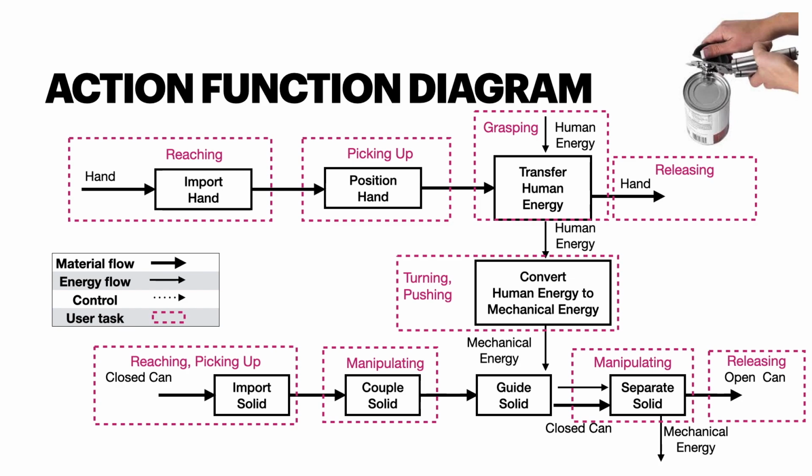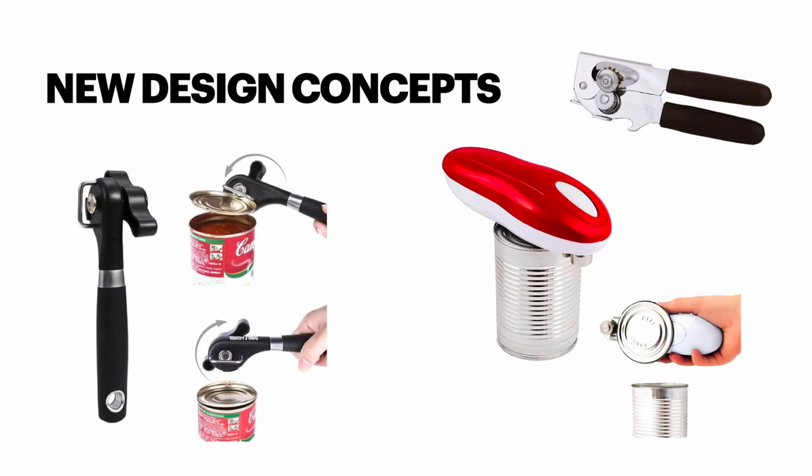Those actions of turning and pushing may be difficult for people with disabilities or elderly people. So this mapping can allow us to change our design concepts and provide new ideas. We can maybe use electrical power to make the operation of opening the lid, or create a larger handle so we can generate more torque. So there are all these different tools and mechanisms that we can now use to incorporate the user in a better way.